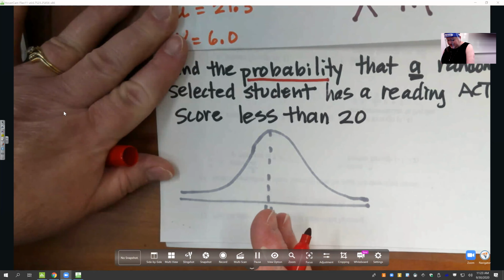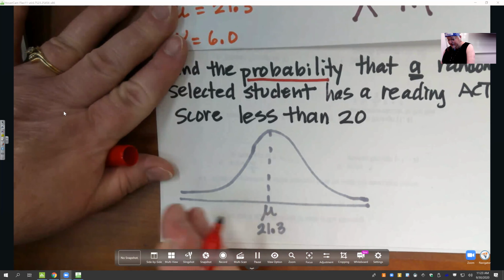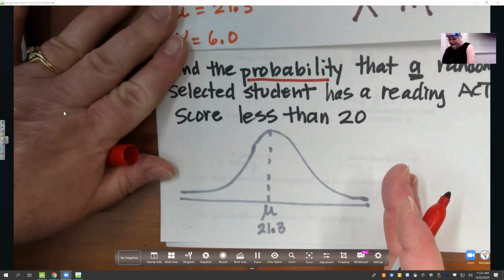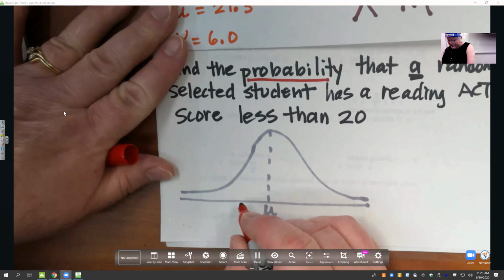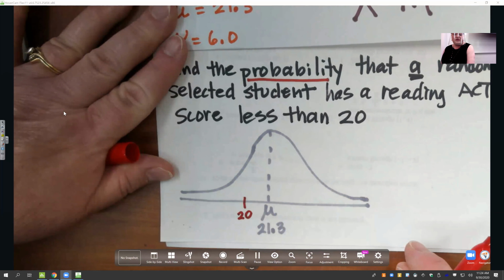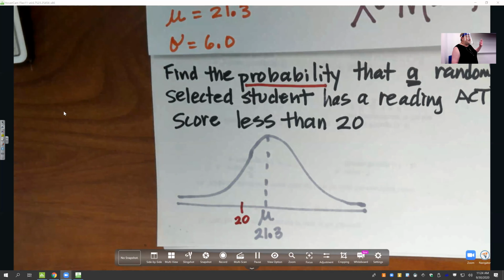Guys, the mean is 21.3, and we treat this as a number line. So I hope it makes sense that 20 is going to be to the left of 21.3, because if I were looking at that as a number line, 20 is smaller than 21.3 and would be to the left. Everybody good with that?